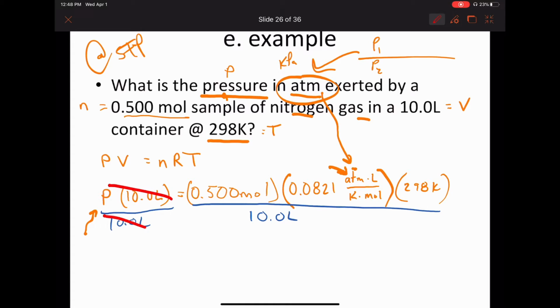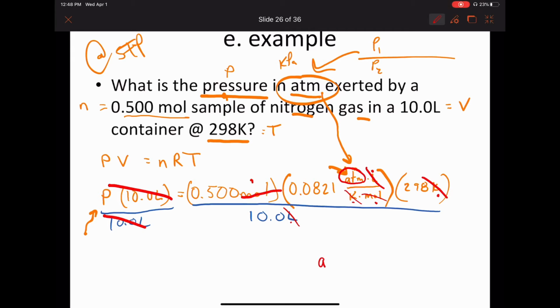All right, now over here, units are going to cancel out, right? So if you look, there's liters right here, and there's also liters up at the top there, so they're going to cancel out. And then you have moles right here, and then moles on the bottom over here, so they're going to cancel out. And then you have Kelvin and Kelvin, so they're going to cancel out. Okay, that leaves you with just ATM.